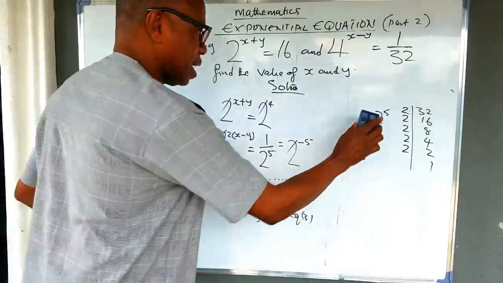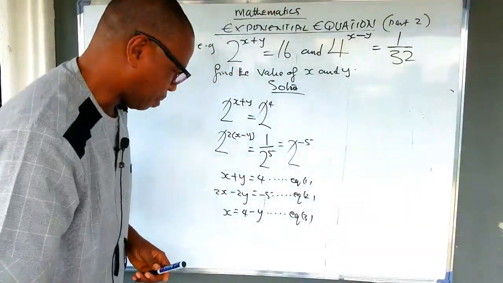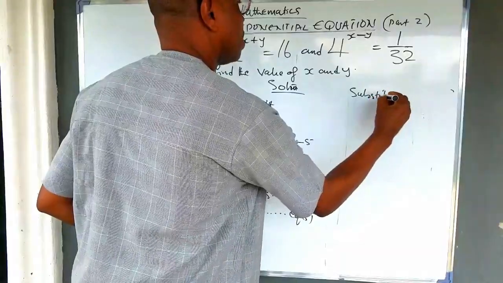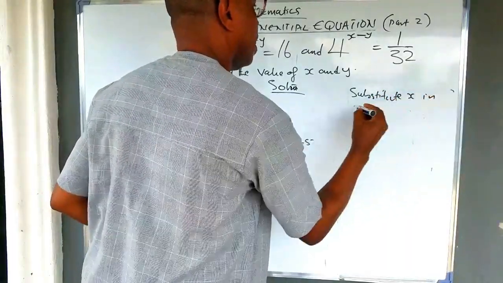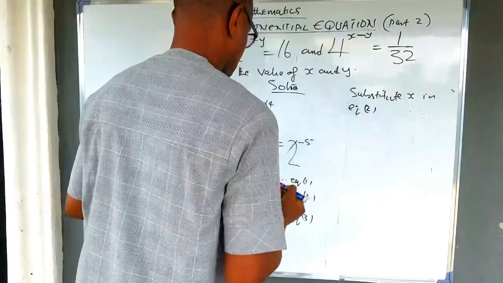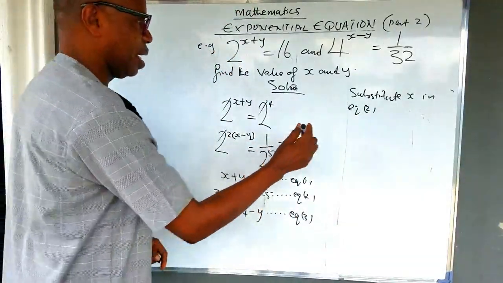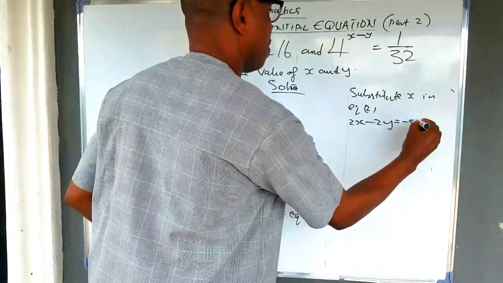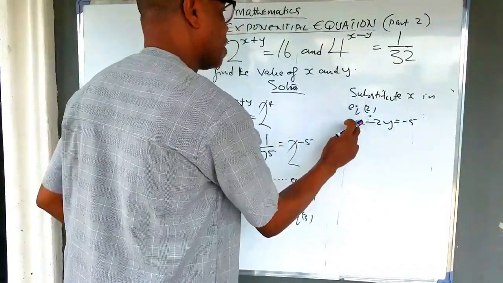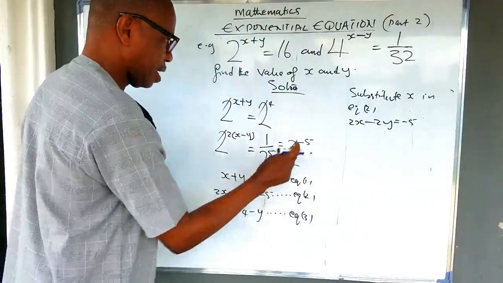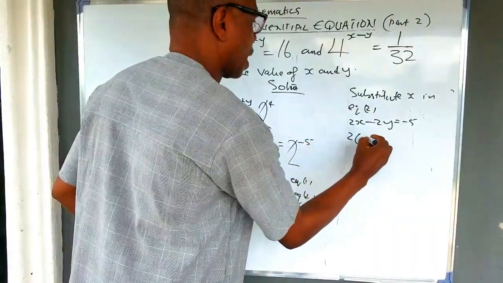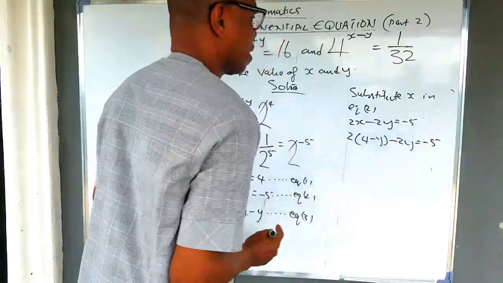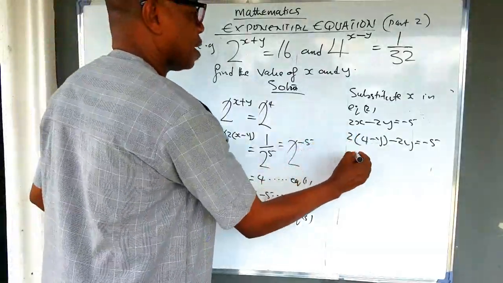So without much ado, I can conveniently substitute x in equation 2. Since I know what x is, equation 2 is 2x minus 2y is equal to minus 5. So I will now replace this x with the value of x here. So what I will now have is 2, open bracket, 4 minus y, minus 2y is equal to minus 5.